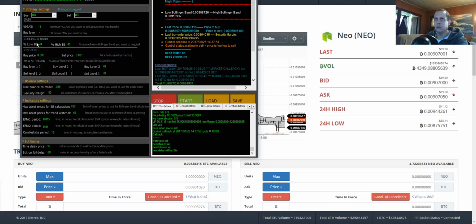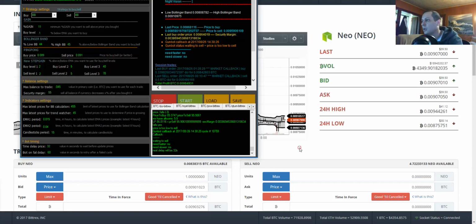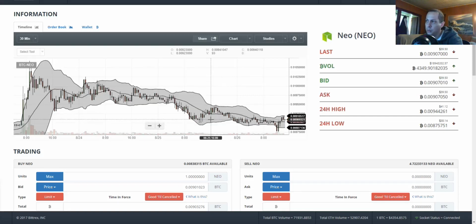That's because I like DCR and I want to buy DCR. I don't mind holding DCR, it's going to do great. So 44% would be right about here. Almost halfway. 100% will be the middle line.